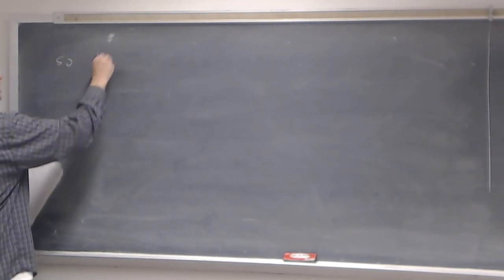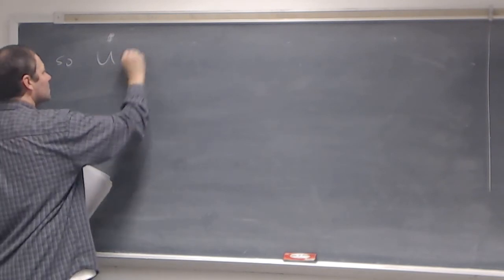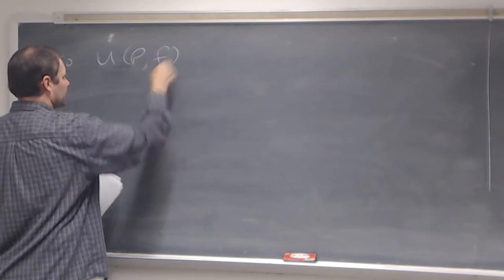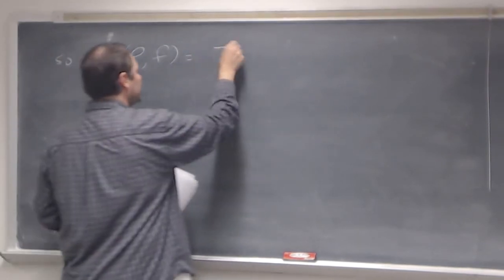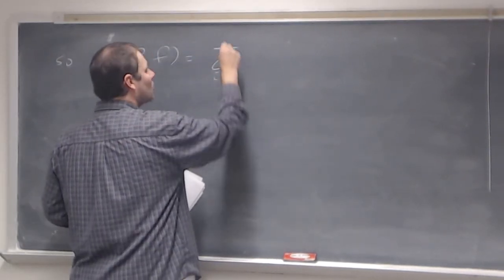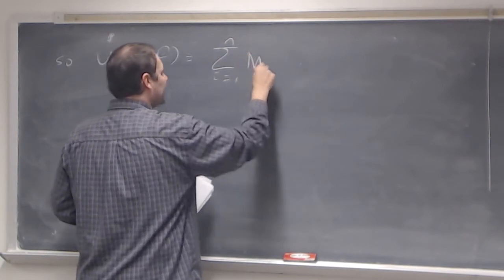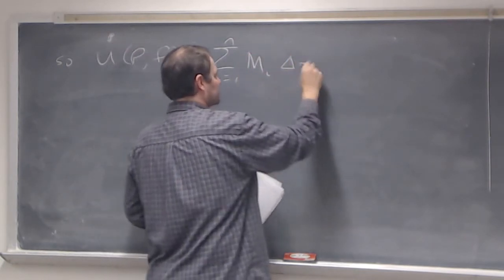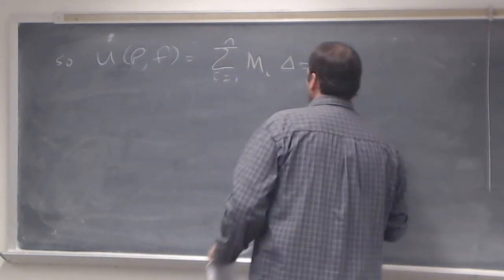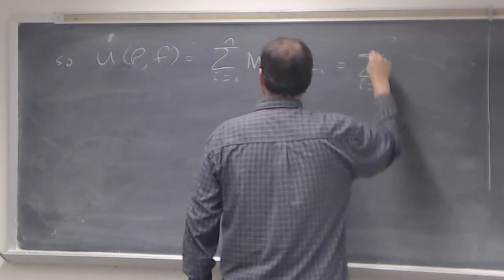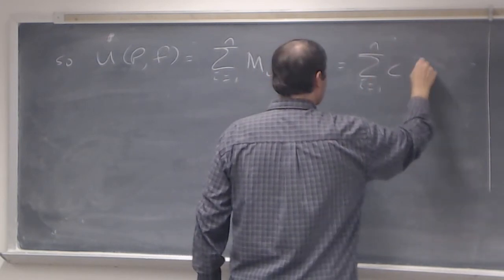So, if you look at the upper Riemann sum with this partition that we're looking at, what it's going to be equal to is the sum as i runs from 1 to n of big M sub i times delta x sub i. Well, that's equal to the sum as i runs from 1 to n of C times delta x sub i.